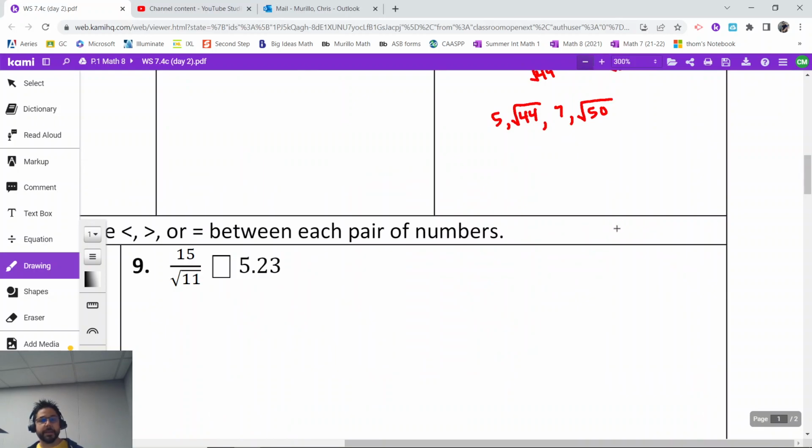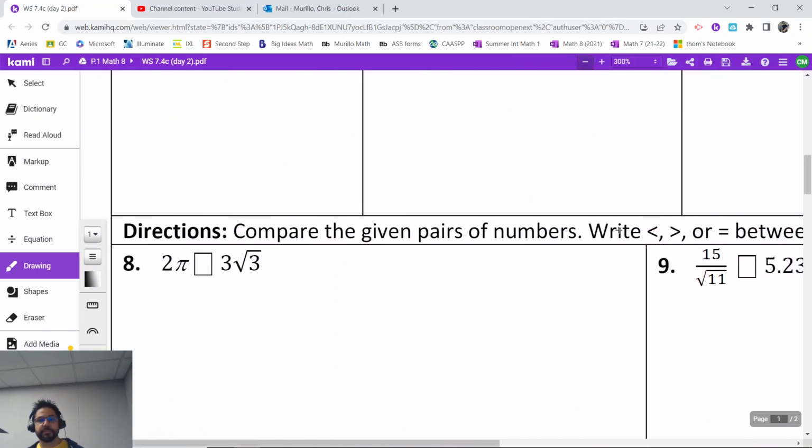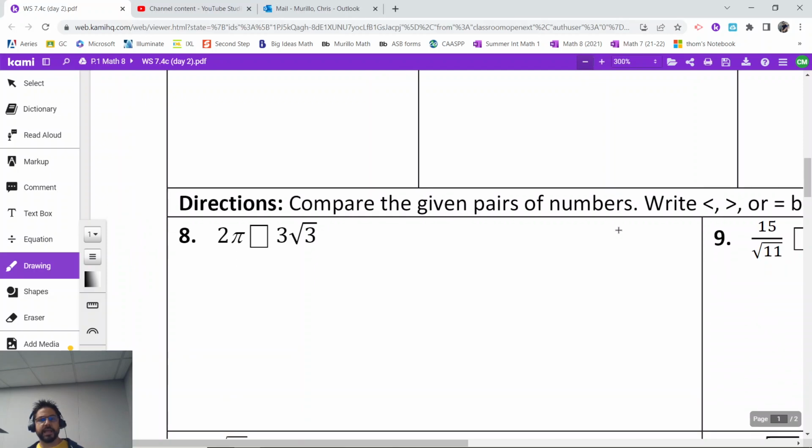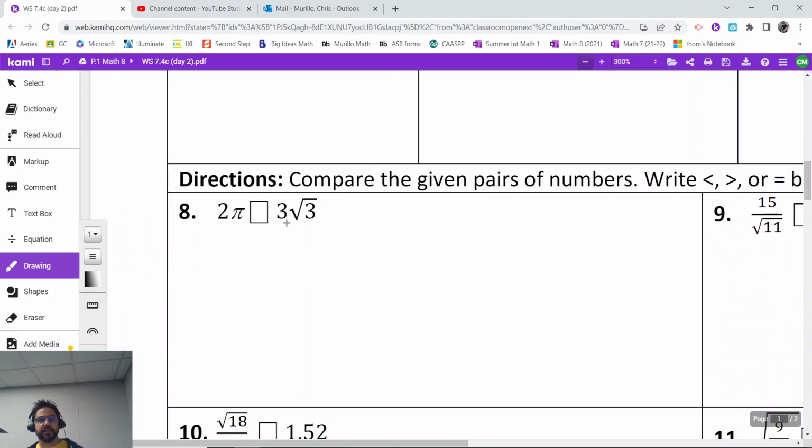All right, being able to compare our information is going to be super helpful. Now, remember on this one right here, we said maybe you want to go backwards. We know that 2 pi, well, 2 times 3.14. So that's really going to be a 6.28.